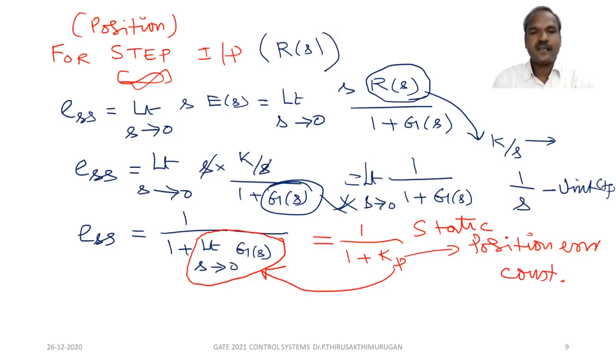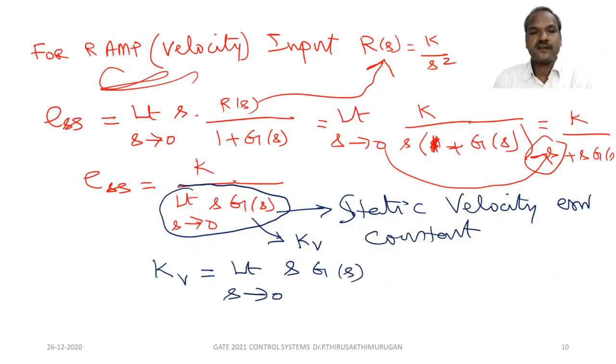We don't know the actual type of system G(s); it may be type 0, type 1, type 2, etc. So we simply replace limit s tends to 0 of G(s) as Kp, the static position error constant. Kp equal to limit s tends to 0 of G(s).